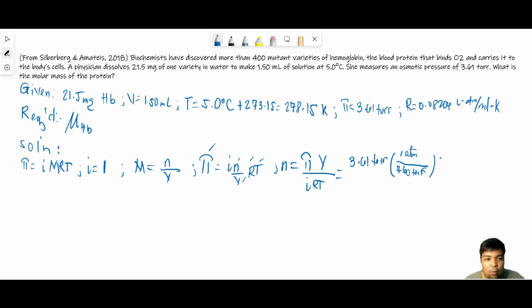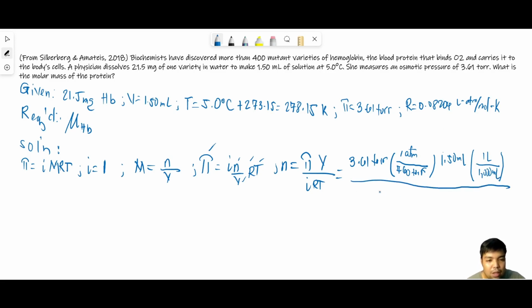Next, we multiply this with our volume, which is 1.50 milliliters. Since our volume should be in liters, we need to convert this to liters. Our conversion factor is 1 liter of solution equal to 1,000 milliliters.